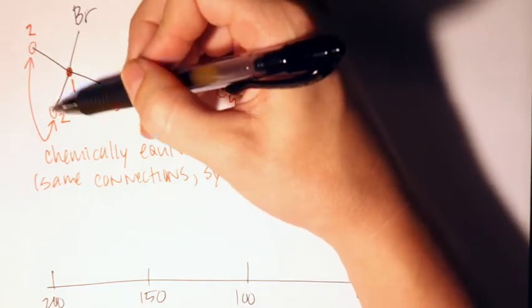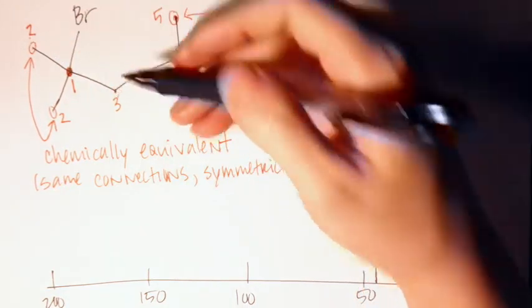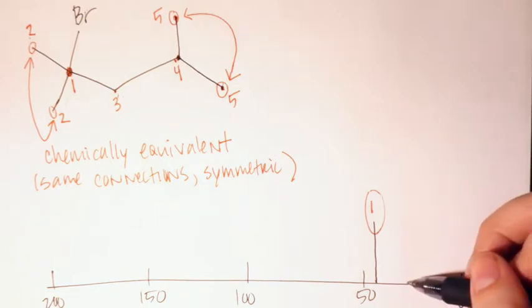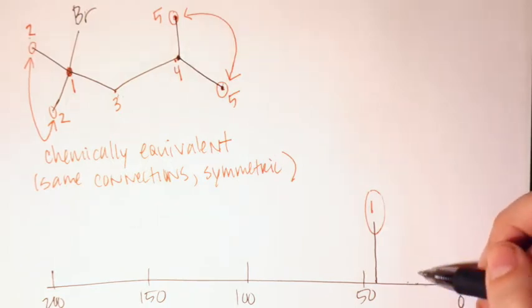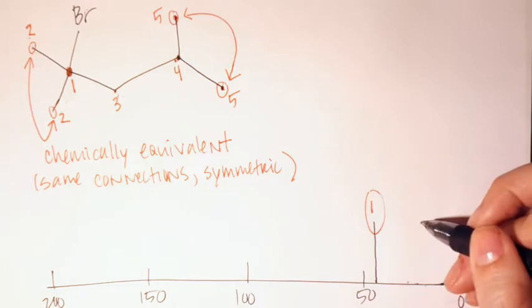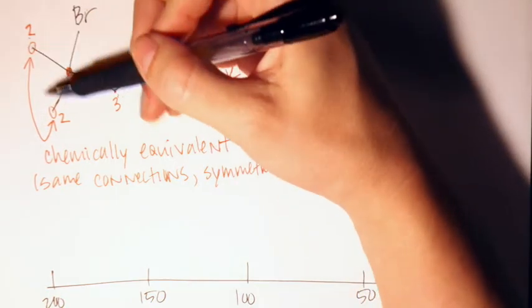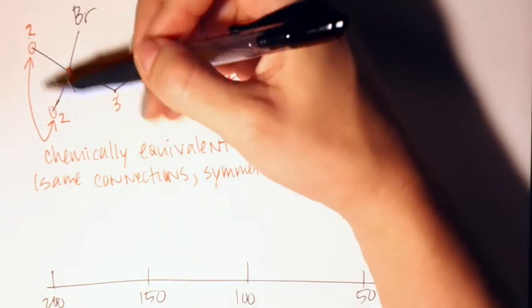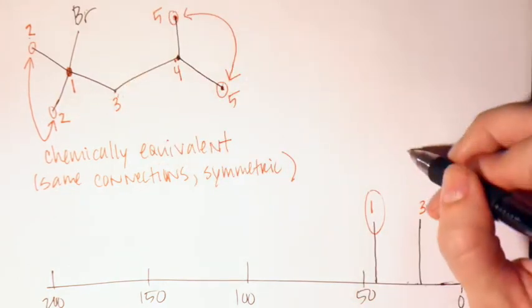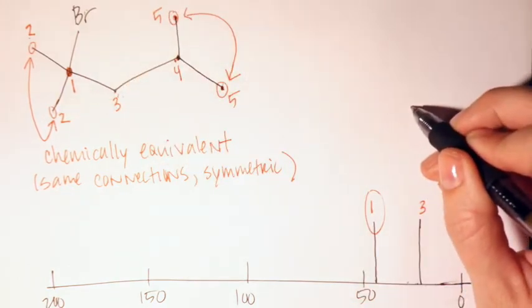Okay, so peaks 2 and 3 are going to be roughly around here. I'm going to put 3 in first, somewhere around here. And then 2 is going to be right near it. But if you have more than 1 carbon, so here we have 2 carbons that are identical, the peak is going to be roughly twice as tall.